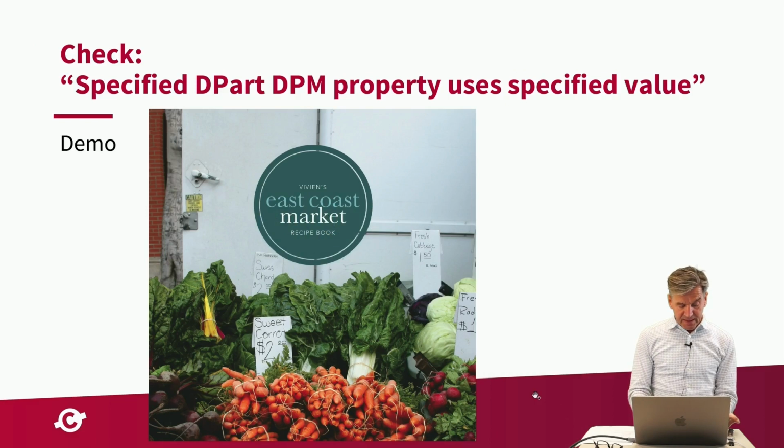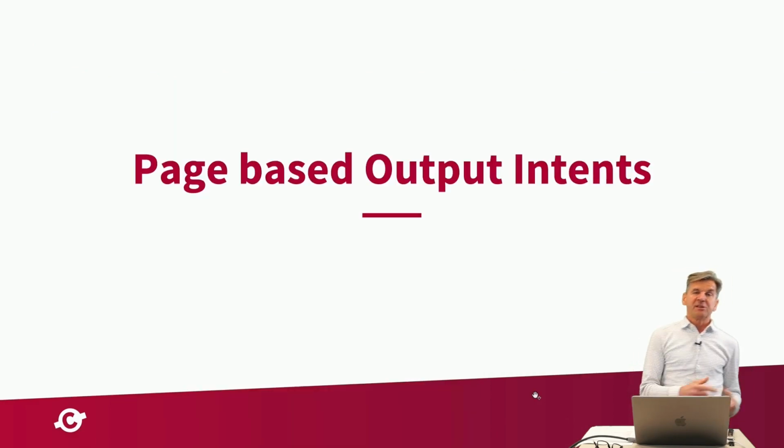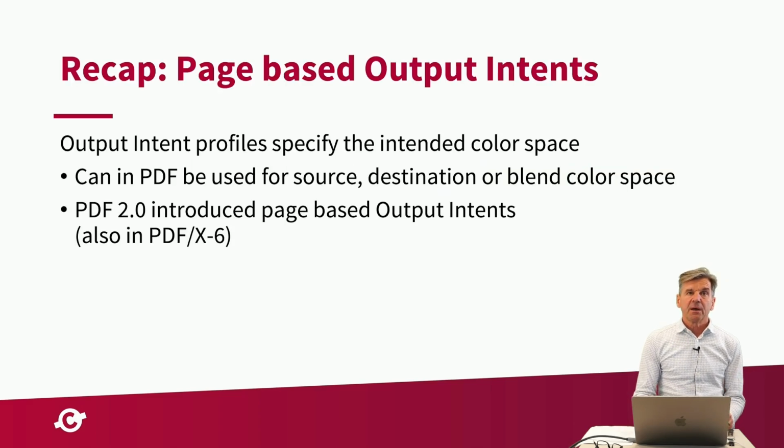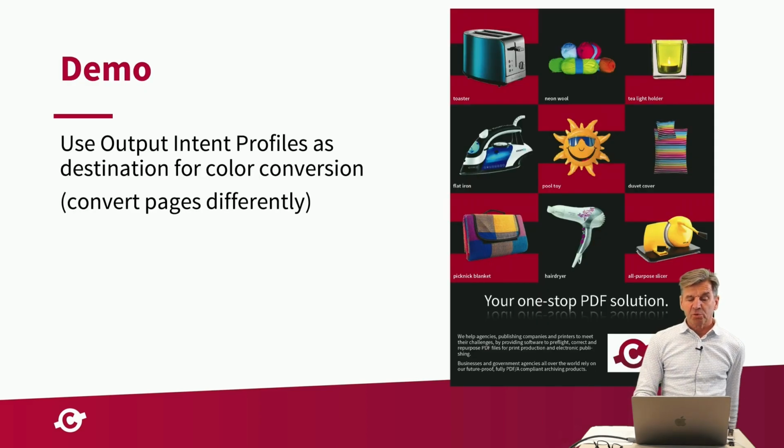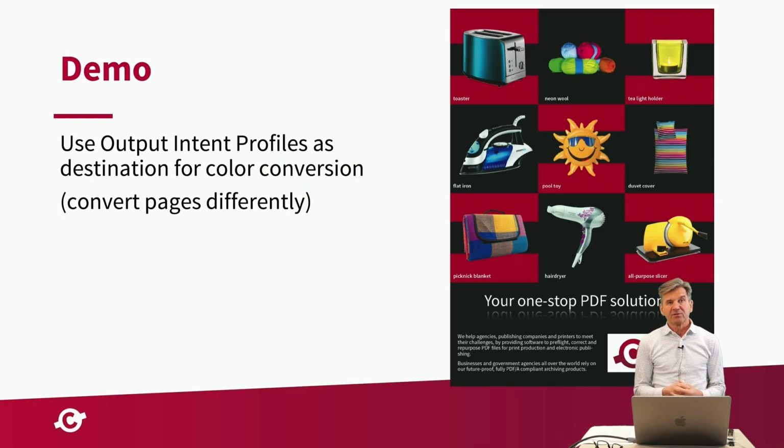So finally, and last thing I want to mention, PDF page-based output intents, just because it also has to do with pages. You can have page-based output intents in PDF files, and pdfToolbox allows you to use them. So for instance, you can do a color conversion. I don't want to demo it because of the time, but you can convert pages to the output intent, and if the output intent is different, then you can convert them into different color spaces.